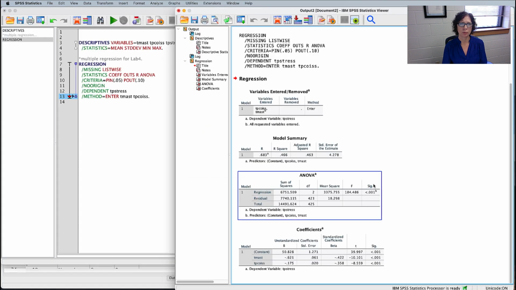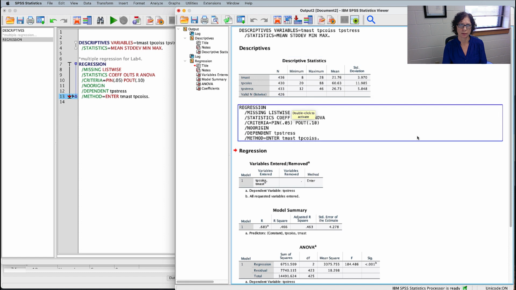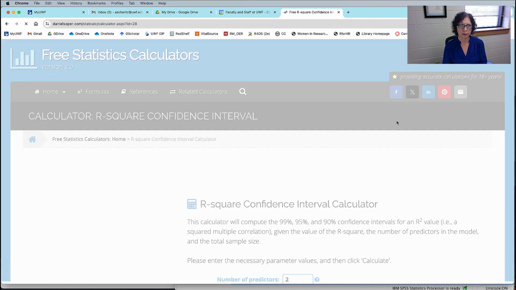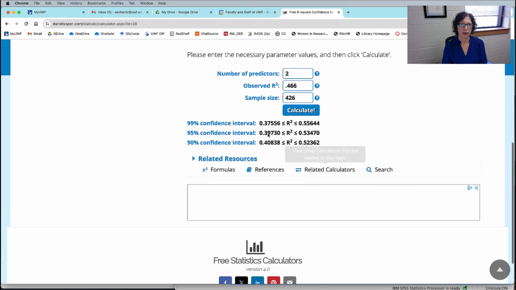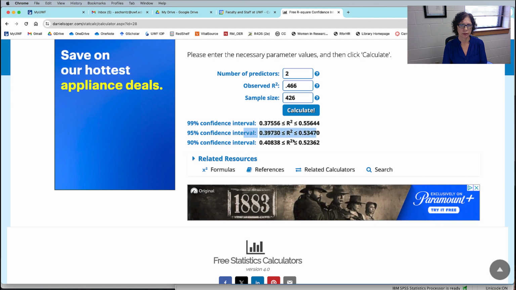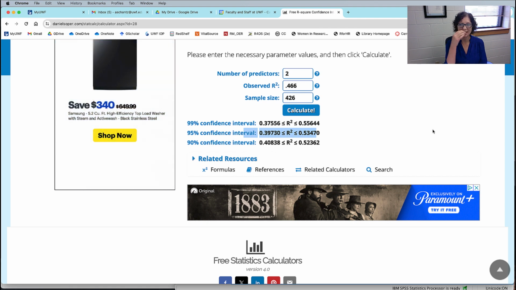This is why we needed to find out how many cases had values on all of these variables. And the answer is 426. Calculating there. And we have our 95 confidence interval right there. So that's the information we're going to need to complete the write-up of the model.